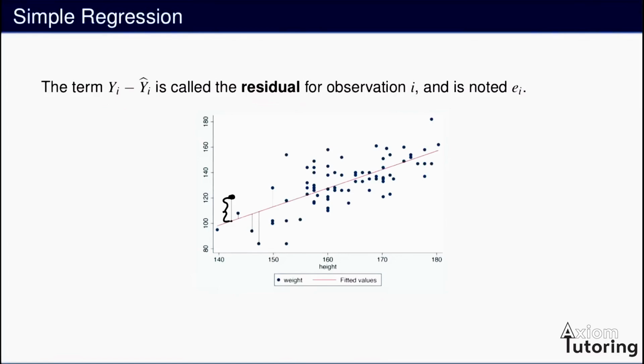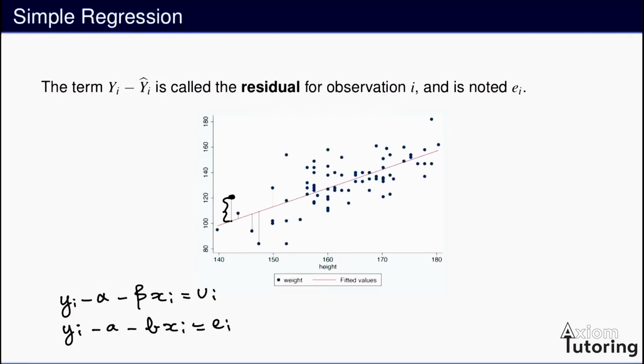So one very important thing to remember is that the residual is very different from the error term. Okay, the error term is equal to yi minus alpha minus beta xi, and the residual is yi minus a minus bxi.